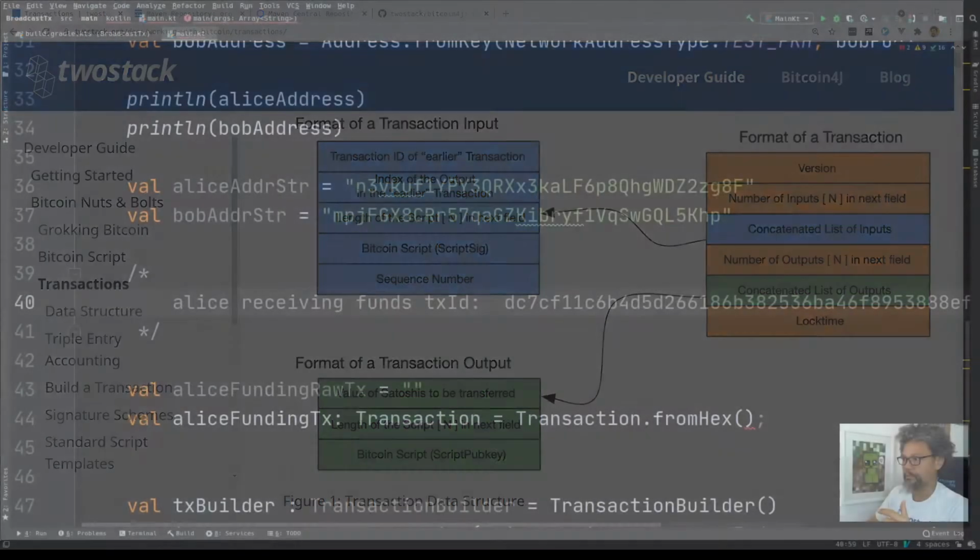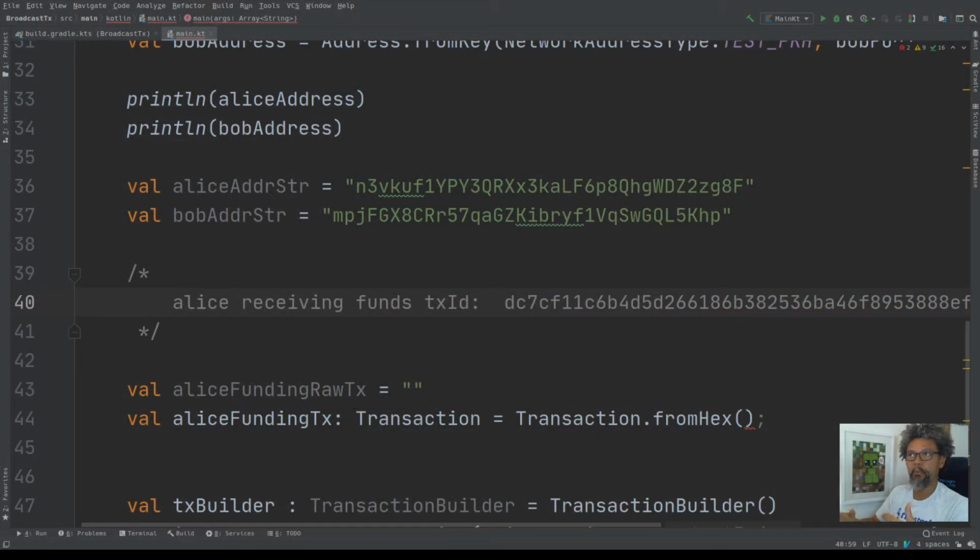So let's go back here. Once we have created our transaction, we already know what the transaction ID is going to be. The transaction ID is not some primary key value that is held in a database somewhere that is assigned to us by a third party. Our transaction ID is essentially the hash of the transaction that we've created.